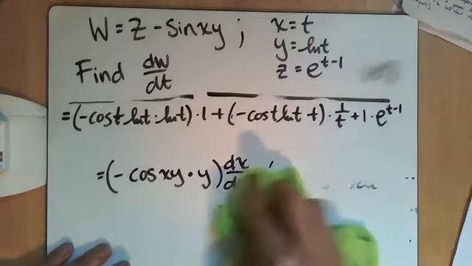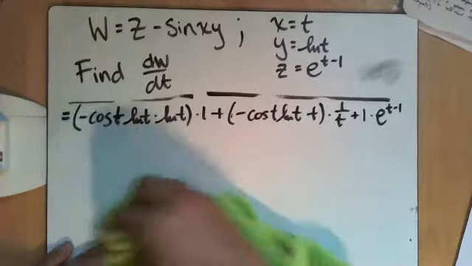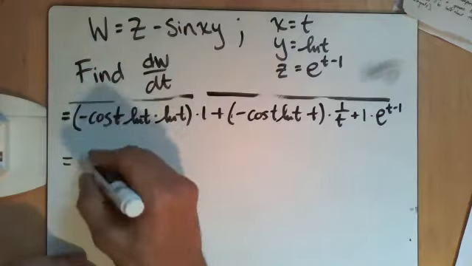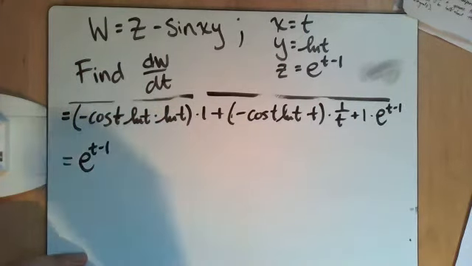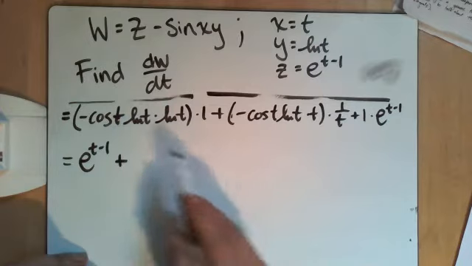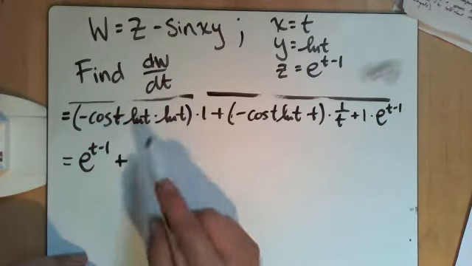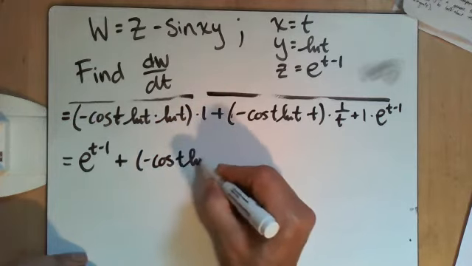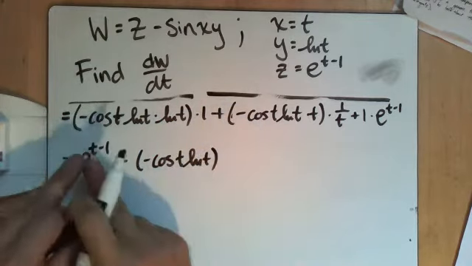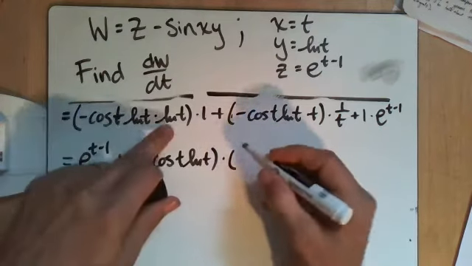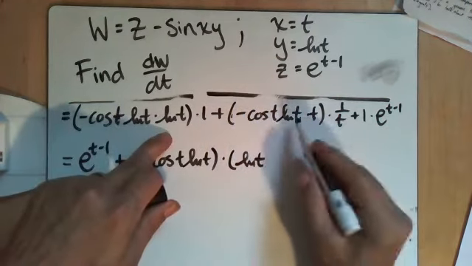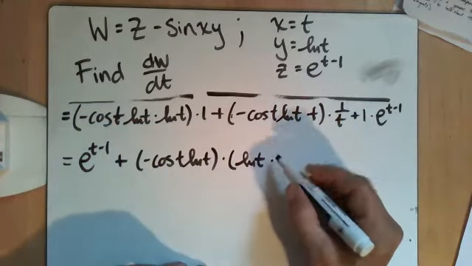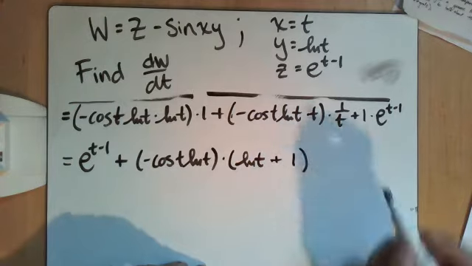Let me erase this. What I'm going to do is bring this term all the way over here, e to the t minus 1. Plus, you can see I'm going to get a negative cosine t log t. I'm going to factor that out, and then I'm going to get a log t, and here I have t times 1 over t, so plus 1.